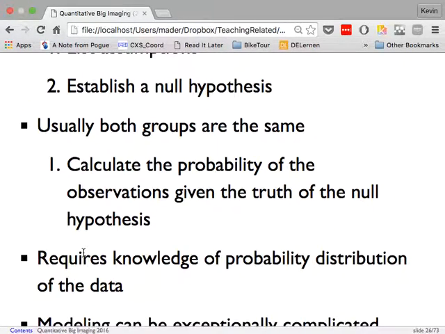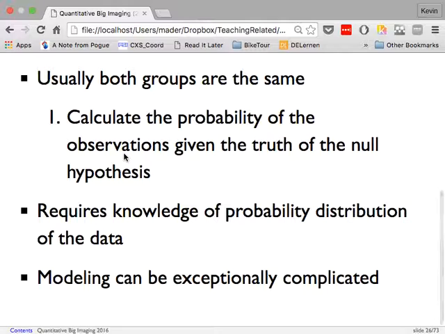And so usually the null hypothesis is about the probability that you observe the results that you have if the groups were in fact the same. And you want this probability to be as low as possible if you're trying to show that there's a difference between the groups.